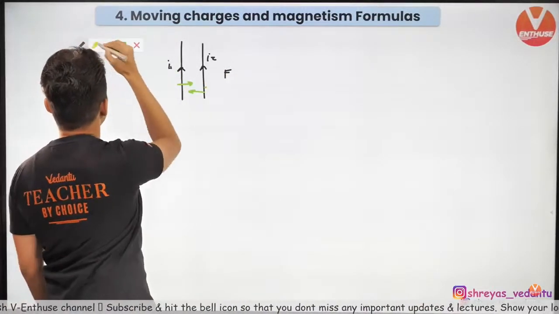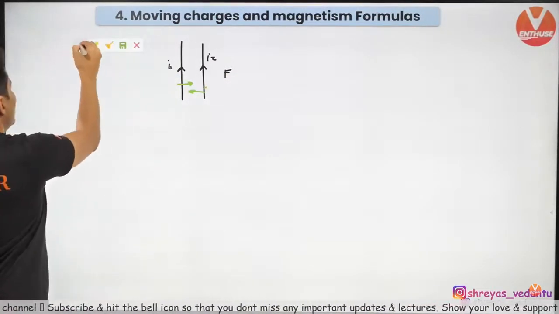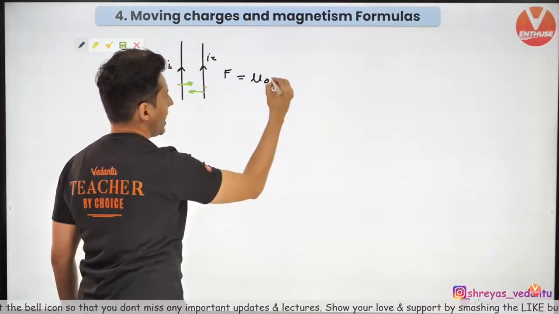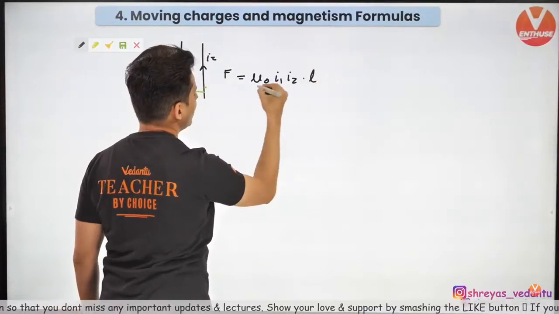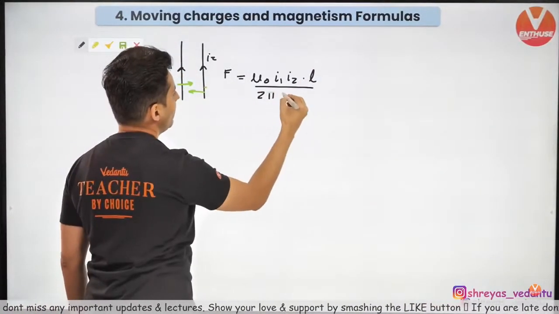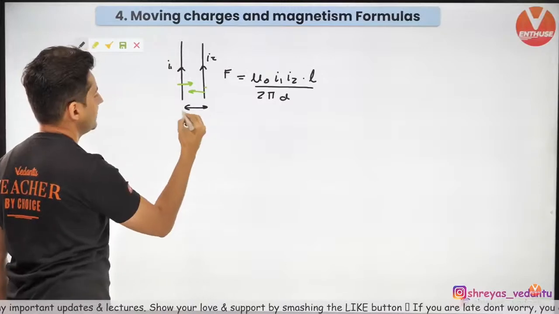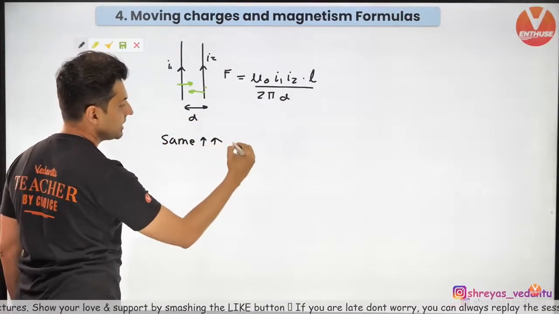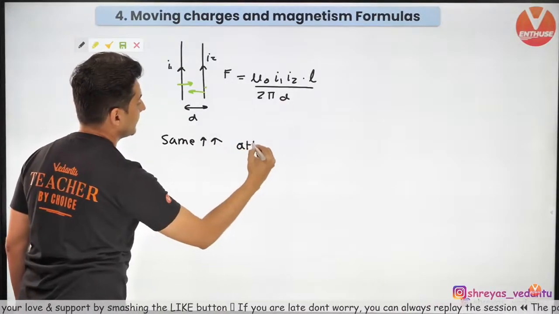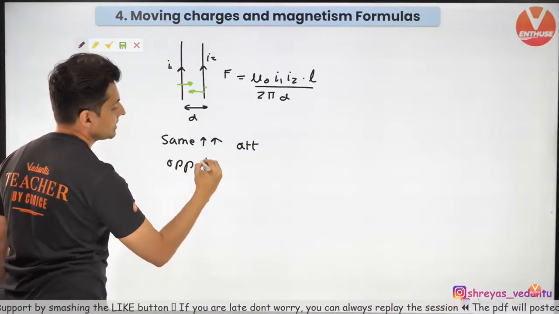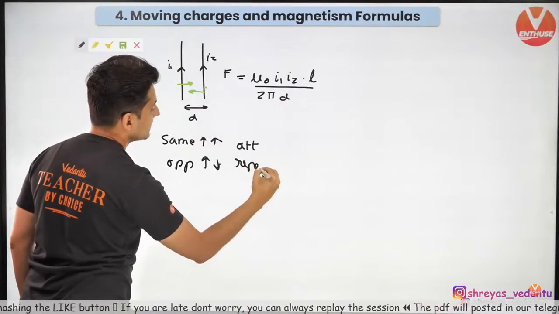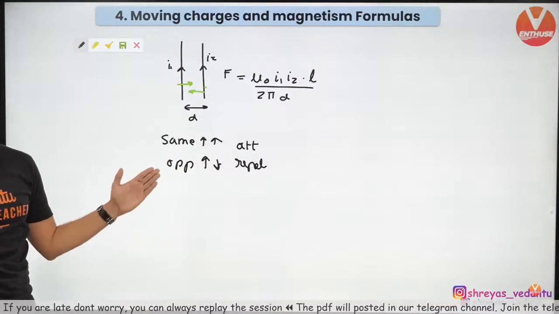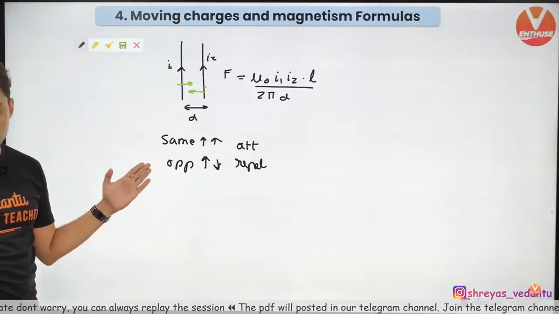That force is given by mu naught I1 I2 into the length of the wire divided by 2 pi into d. d is the distance between them. Remember, if they are in the same direction, they will attract. And if they are in opposite directions, then they will repel. It's exactly opposite of electrostatics. That's what I want you to keep in mind.